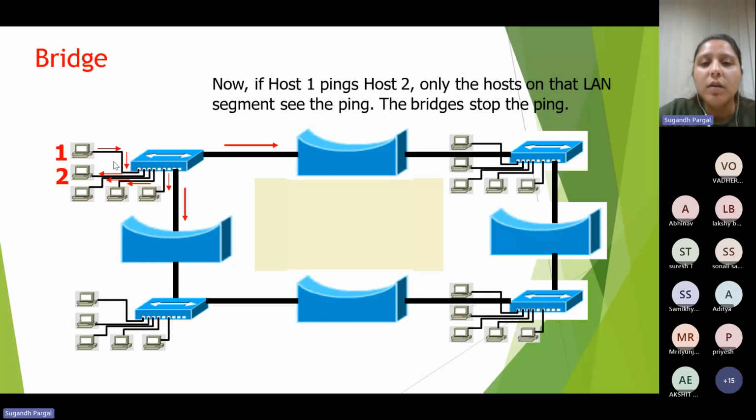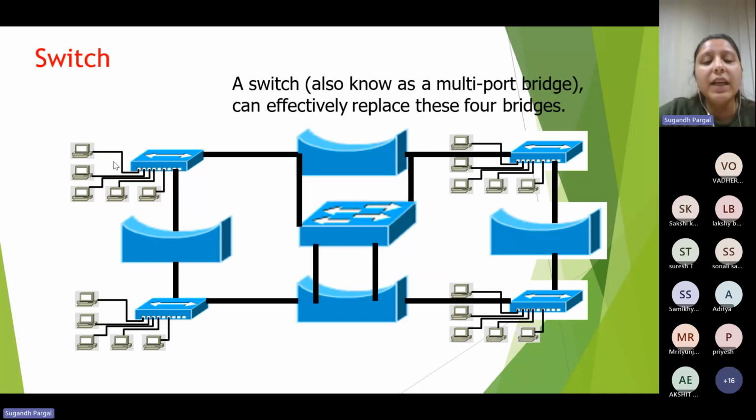Now if we need multiple bridges, like we need to communicate from host 1 to host 2, host 1 to host 3 and host 1 to host 5, but they are all on different LANs and different networks, for that purpose we require a multi-port bridge, as we require a multi-port repeater as a hub.